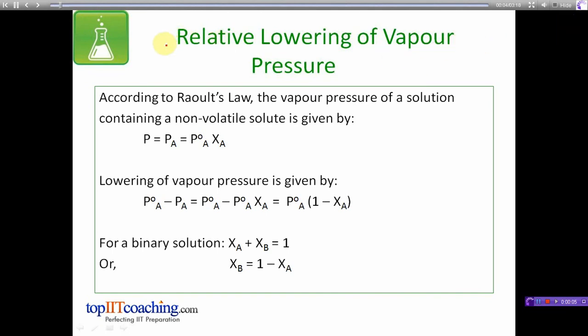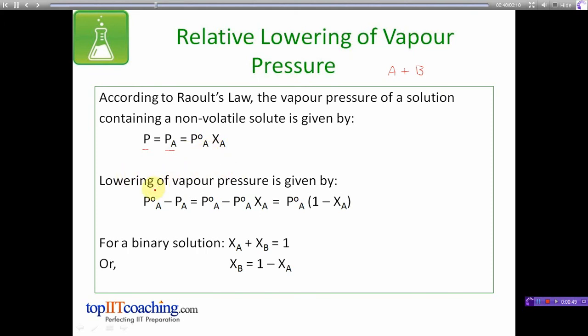Now the first colligative property that we are going to discuss is the relative lowering of vapor pressure. So in this case we are assuming a solution with a volatile solvent A and a non-volatile solute denoted by B. According to Raoult's law, the vapor pressure of the solution containing a non-volatile solute, denoted by P, will be equal to PA, the vapor pressure of the solvent in the solution form, which will be equal to P°A XA, where P°A is the vapor pressure of the solvent in its pure state and XA is the mole fraction of the solvent.